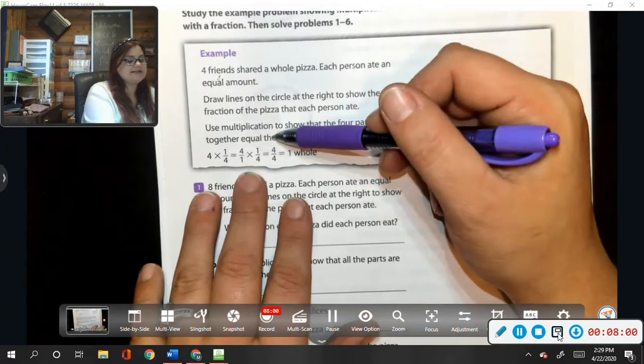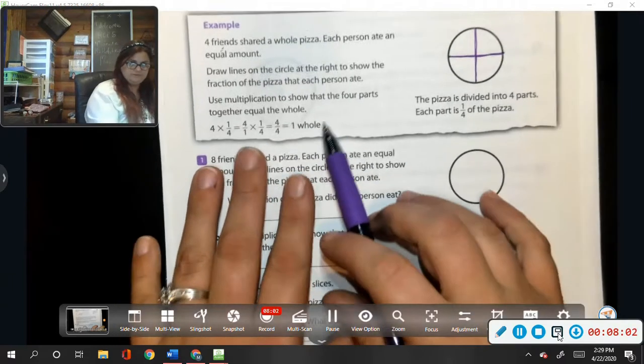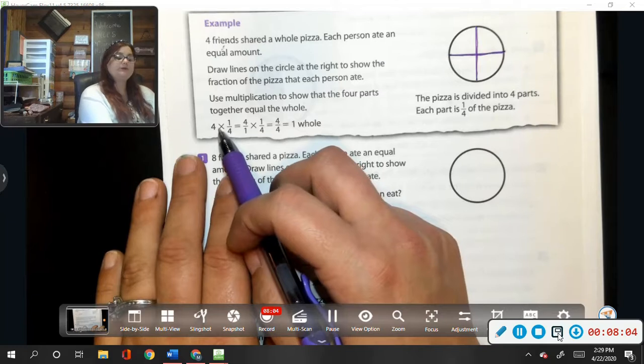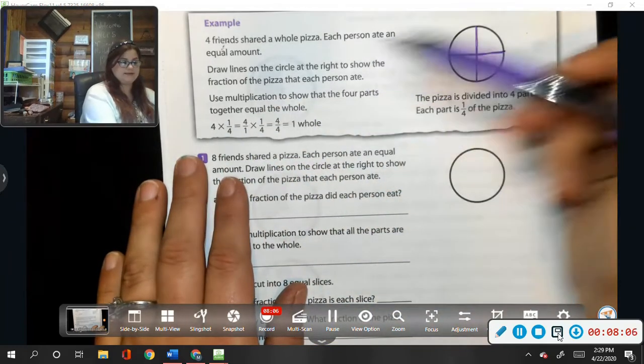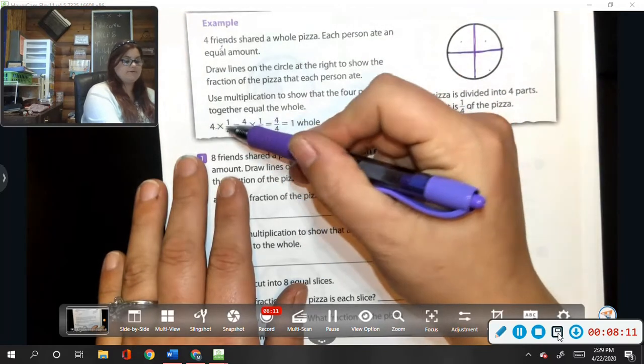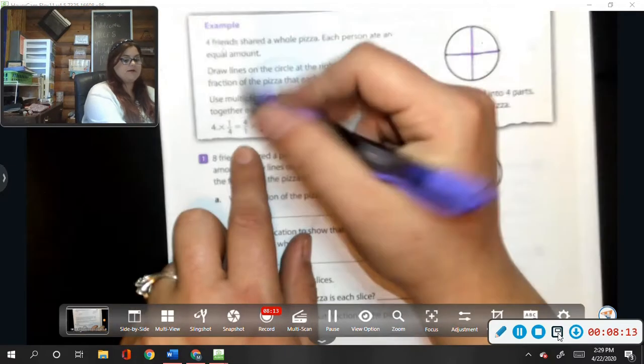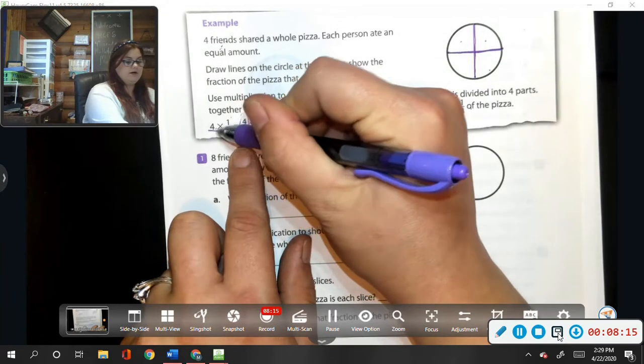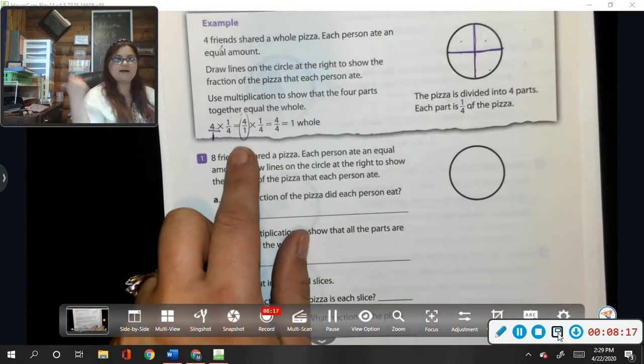It said use multiplication to show that 4 parts together equal a whole. And then all they did was simple fraction multiplication. We had 4 sections of a fourth, so we did 4 times a fourth. All we did here was put a 1 under the 4.